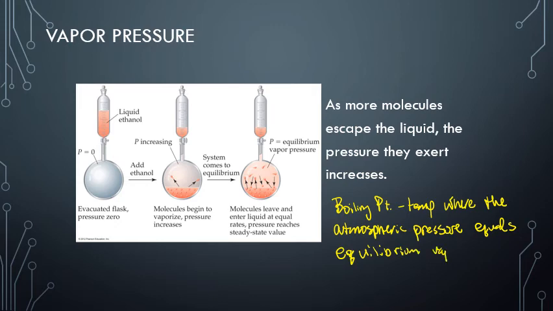So from here on out, I'm just going to abbreviate the equilibrium vapor pressure as EVP, just for short. So when those two are equivalent to each other, that is when we have the boiling process take place.